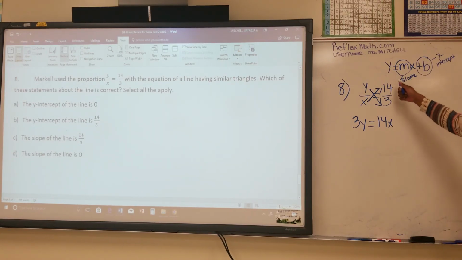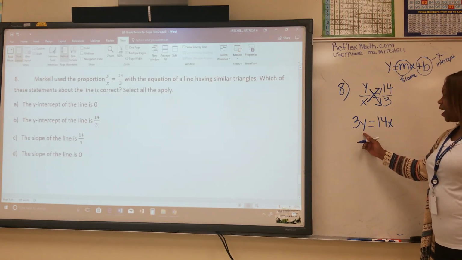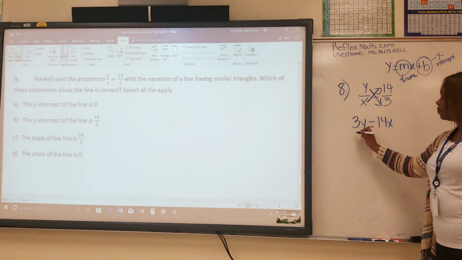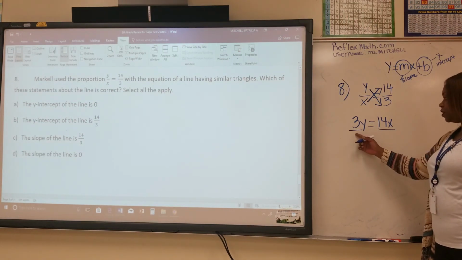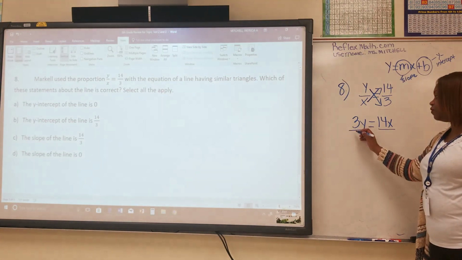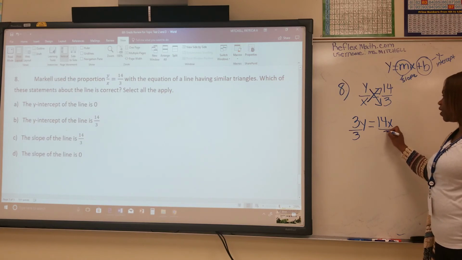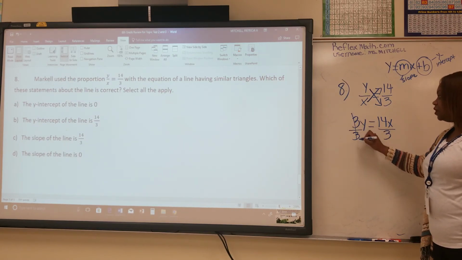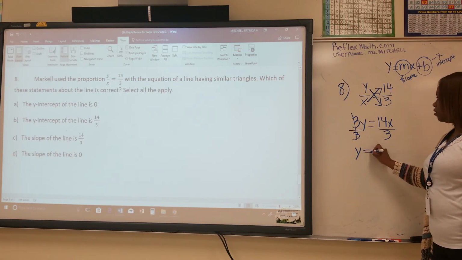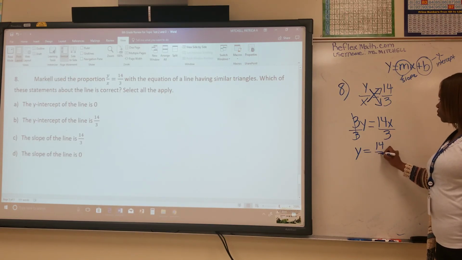And remember, y equals mx plus b, that means that y is by itself. So therefore, we'll be solving for y. Remember, to solve for y, don't solve for x, solve for y. Put it in this form. So when we do, we have to now divide by 3. And what we do on one side, of course, we do on the other. So we divide by 3 on this side, and we have to divide by 3 on this side. These cross out, we're left with y equals 14 over 3x.